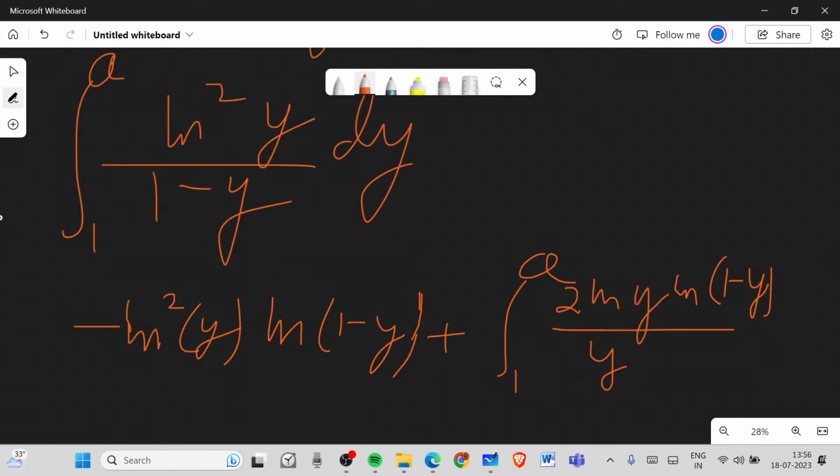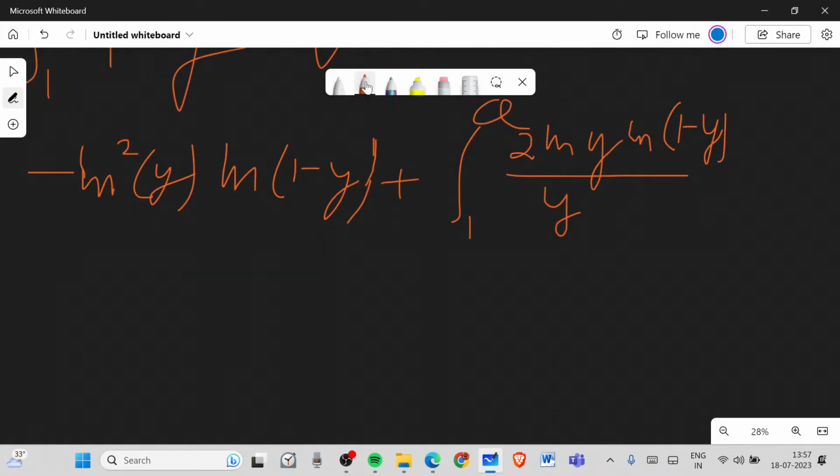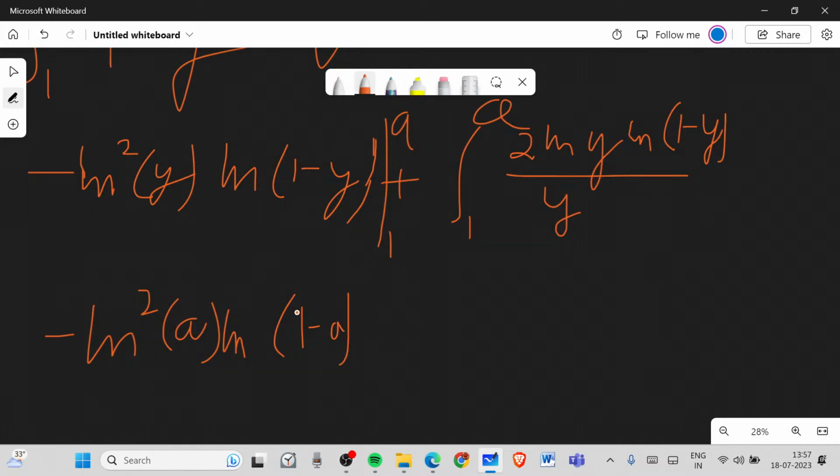This is somewhat the same kind of thing. Anyway, putting a and 1 in it, putting a we get minus ln square a times ln 1 minus a. Putting 1, we get 0. Plus the integral from 1 to a of 2 ln y ln 1 minus y by y.